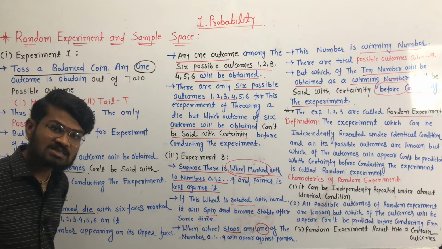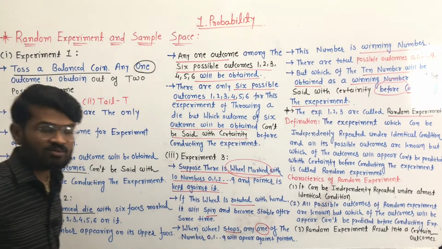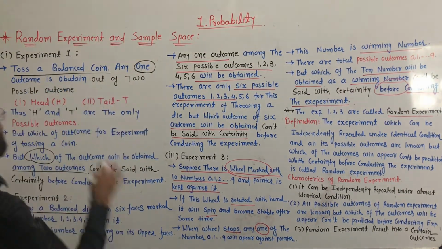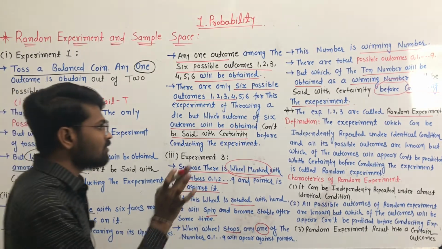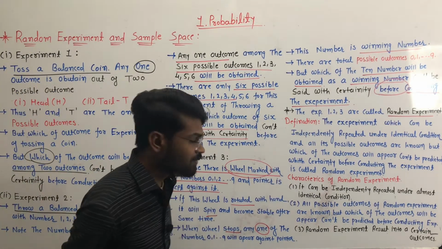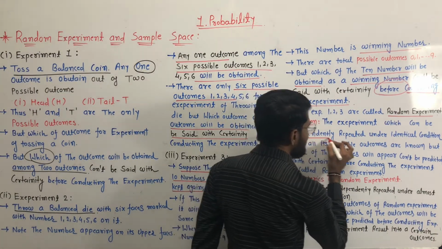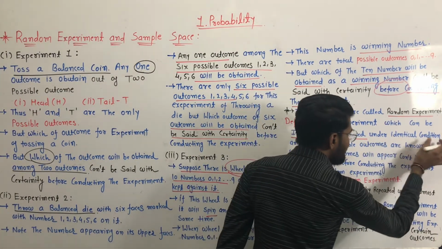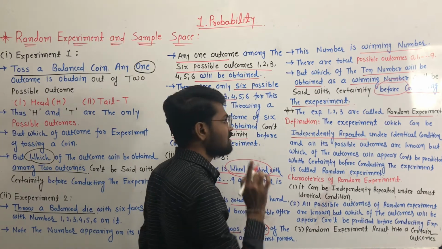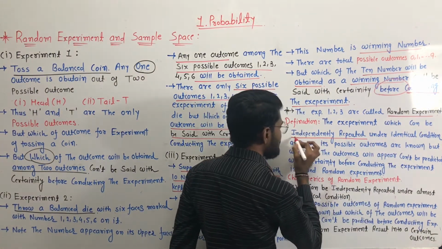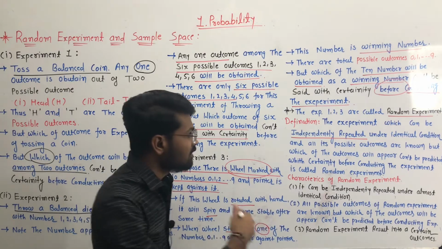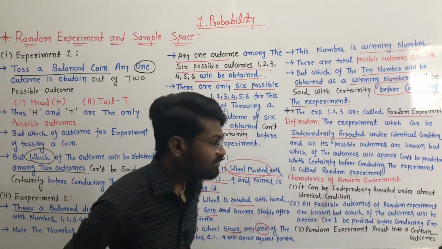And from these three experiments we give the definition of the random experiment. Now the definition of the random experiment is that it is an experiment which can be independently repeated under identical conditions. Clear?